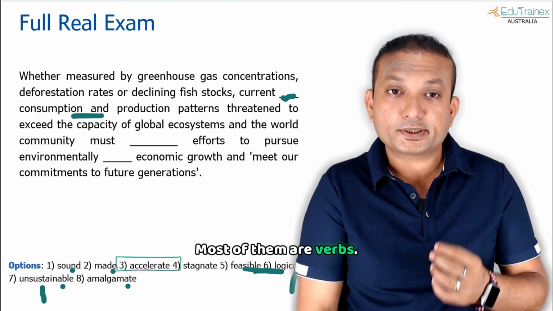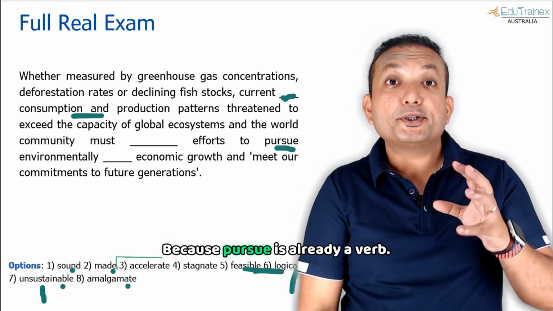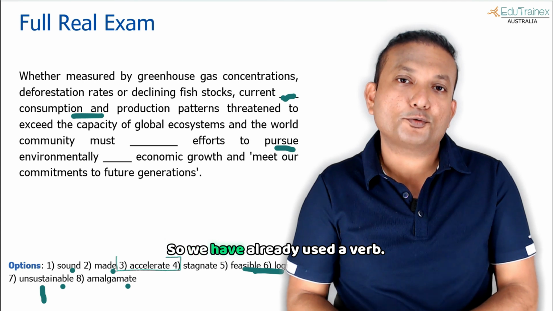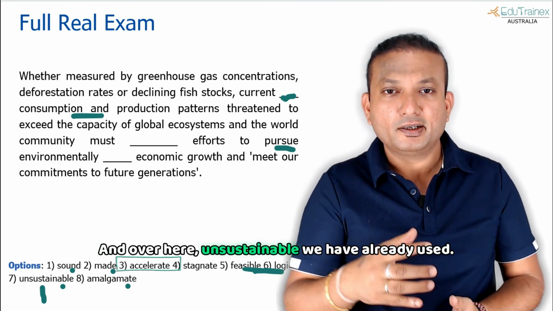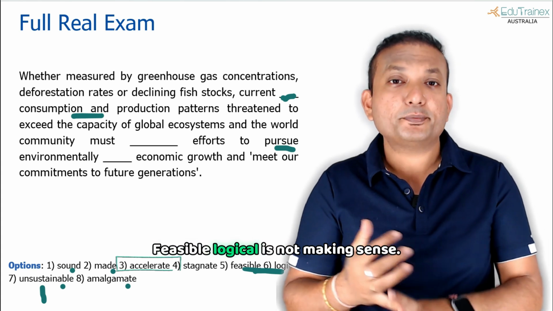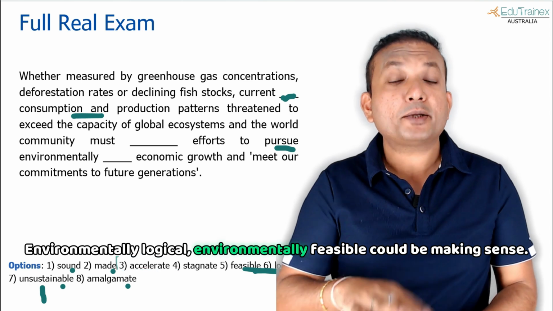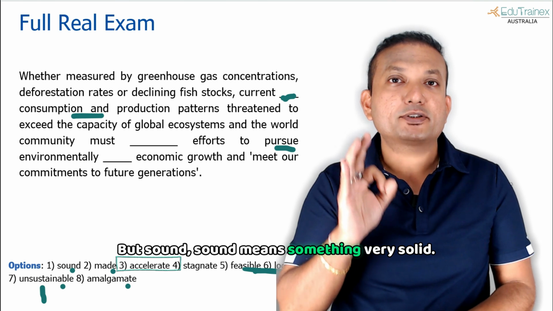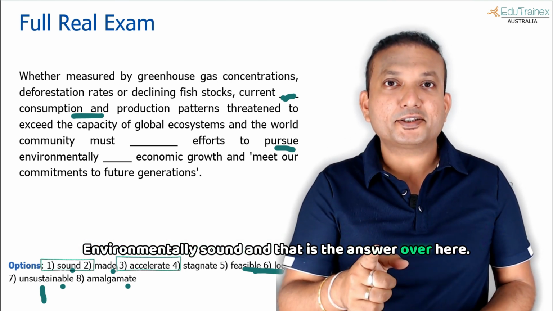Most of them are verbs, but in this case, because pursue is already a verb, pursue dash something, we have already used a verb. Now we need an adjective. And unsustainable we have already used. Feasible, logical is not making sense. Environmentally logical. Now, environmentally feasible could be making sense. But sound means something very solid. Environmentally sound. And that is the answer over here.